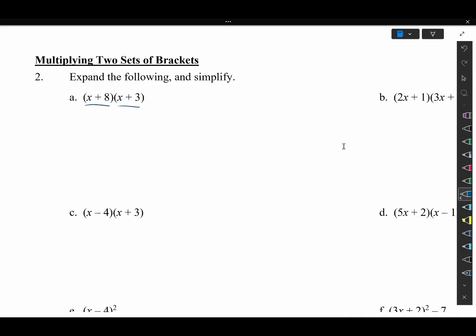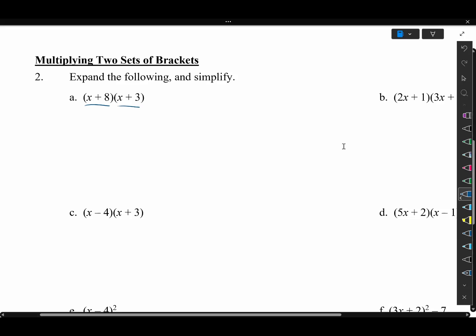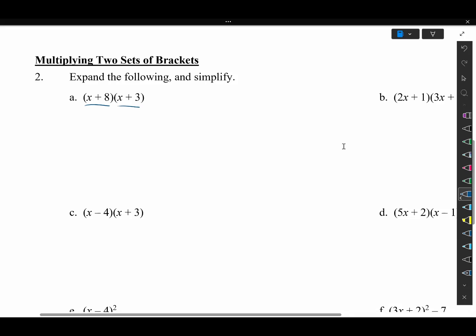Every time you have something multiplying by something else, we call those somethings factors. So here we have two factors, x plus 8 is one of them, and x plus 3 is the other. It's up to you to make sure you're comfortable recognizing, hey, each of these has two terms, and I know that because there are two things that separate my terms, one in each set of brackets, meaning I have two pieces here that I'll be multiplying together.